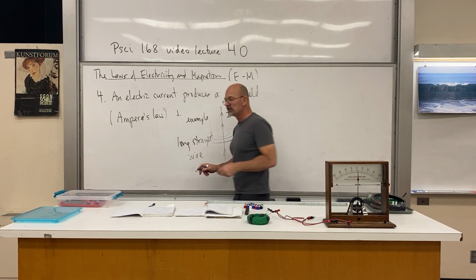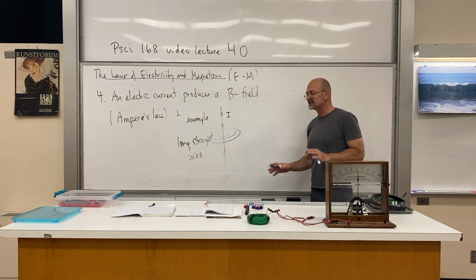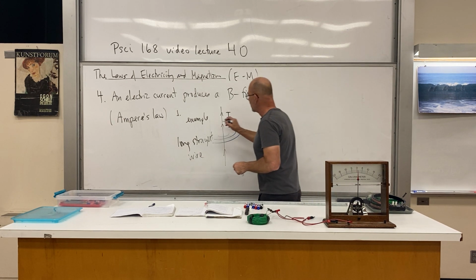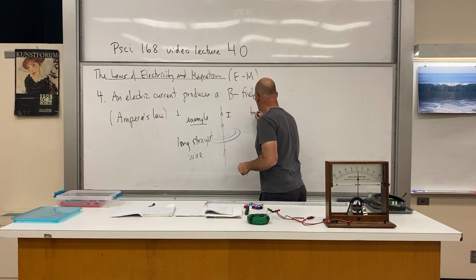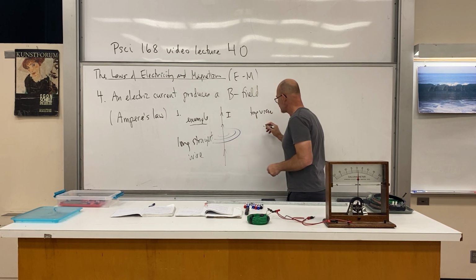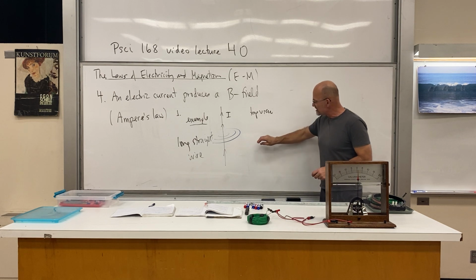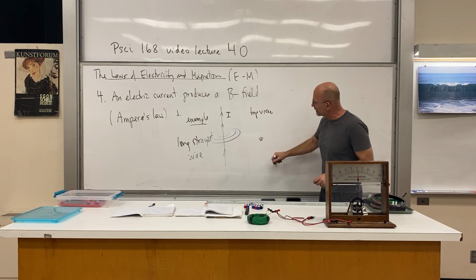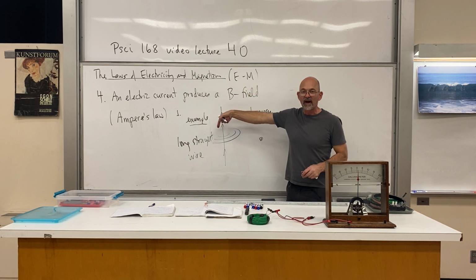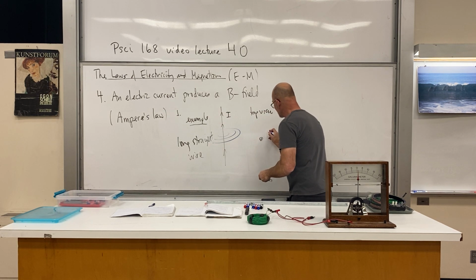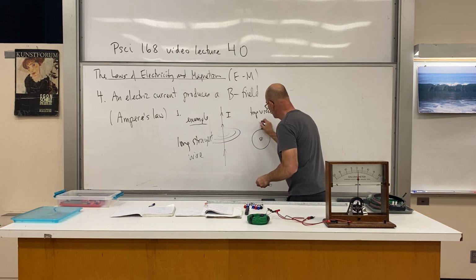And we have the demos to actually show this, but it's a little awkward right now. So you have to take my word for it. I'll give you the top view. If the current is out of the board, so that dot, think of an arrow coming at you. So you're looking down on this wire here. In that case, the magnetic field lines are concentric circles.